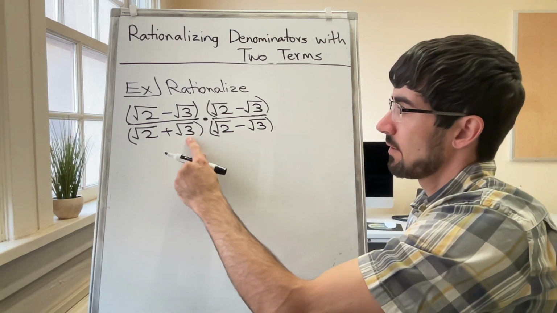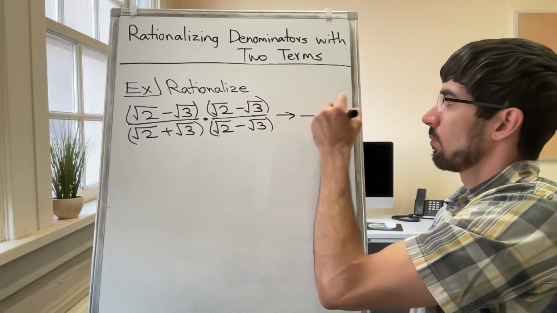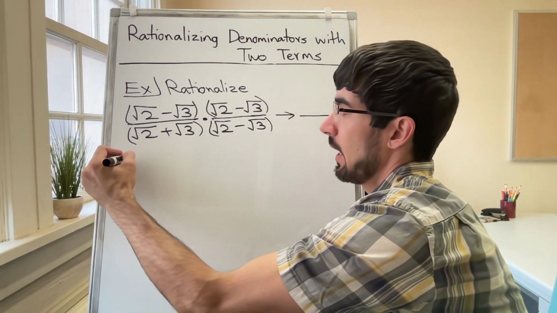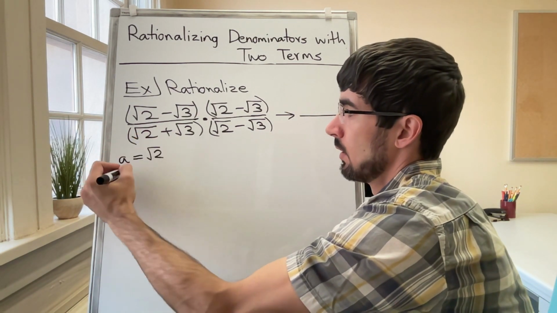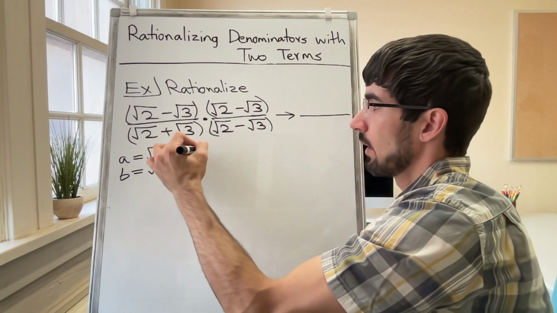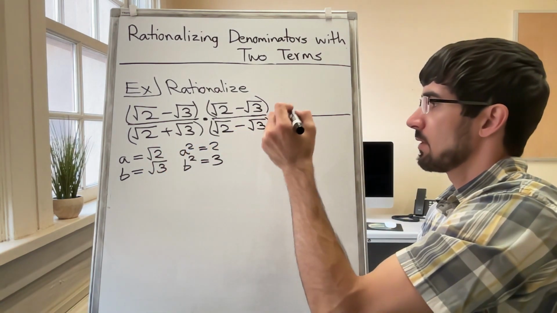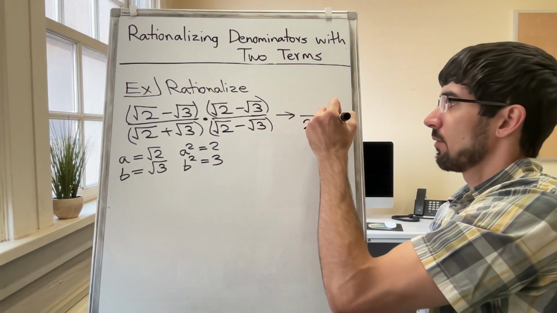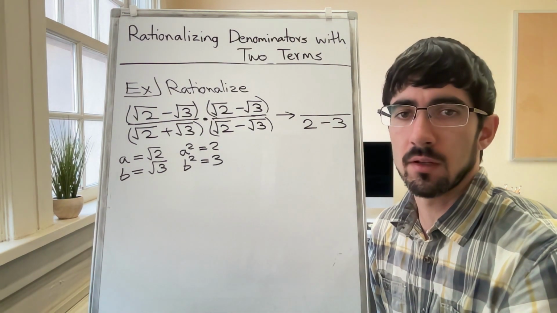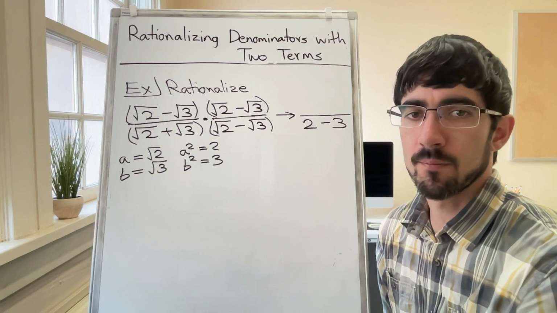This is a plus b times a minus b, and I can get a final result pretty quickly that way. A is the square root of 2, b is the square root of 3. So a squared is 2, b squared is 3. And so our final result should be a squared minus b squared, 2 minus 3.